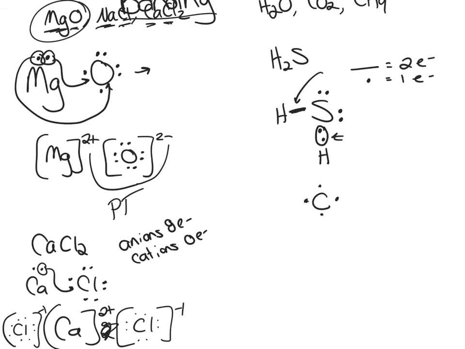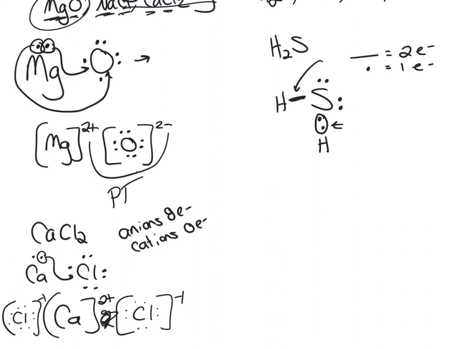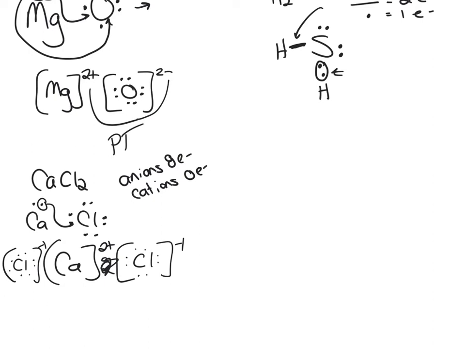As a matter of fact, I'm not going to do CH4, I'm going to do CF4 because I think it's going to be more helpful for what we're going to talk about next. So here is carbon. Carbon has 1, 2, 3, 4. And it's got 4 fluorines around it. Each fluorine has 7.